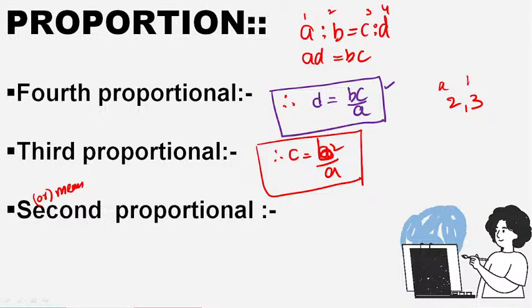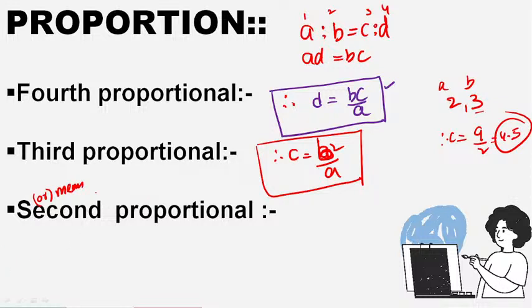Look, A and B. What is the third proportion formula? C is equal to B square by A. So B square, B is how much? 3. 3 square is how much? 9. 9 by 2 is equal to 4.5. So that is the answer, guys. Just remember only the formula, guys. C is equal to B square by A.